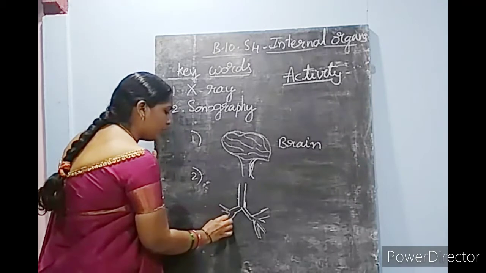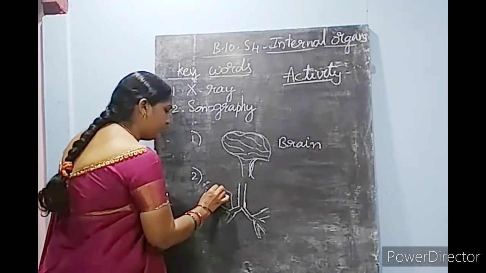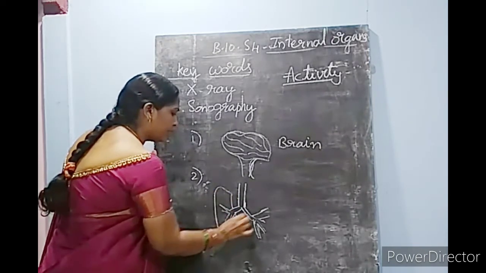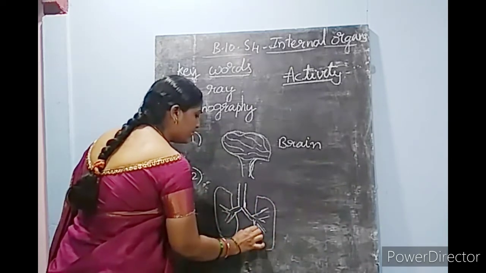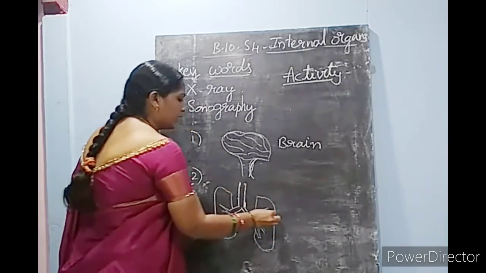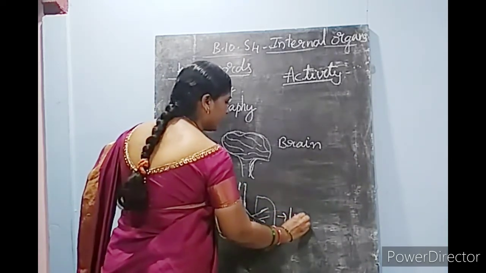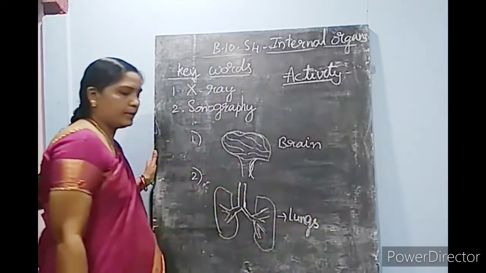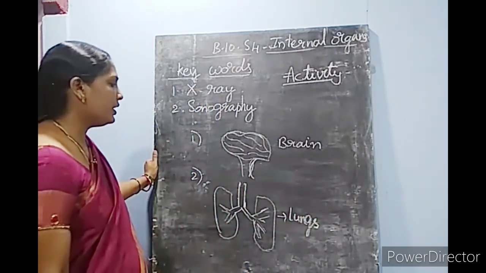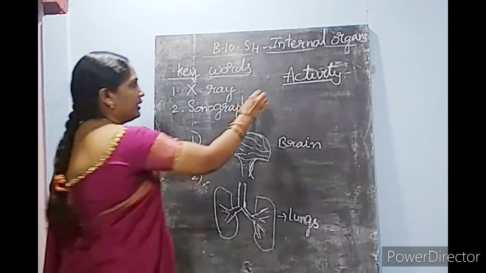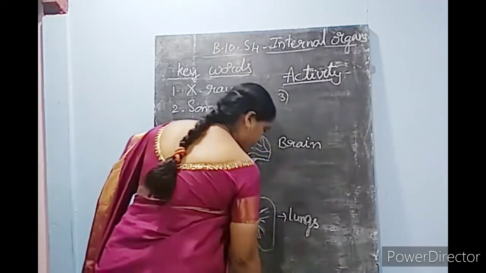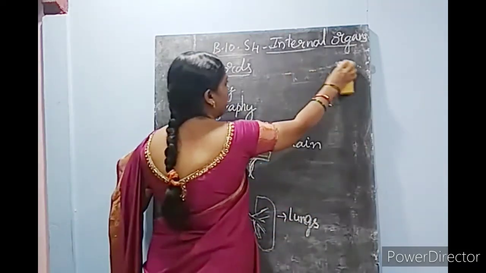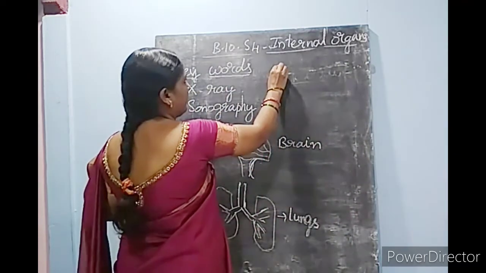So this you already might have got an idea. You learnt in last class. These are our lungs. So these internal organs are lungs. And the next internal organ, here I'll draw. You try to identify which internal organ is this.